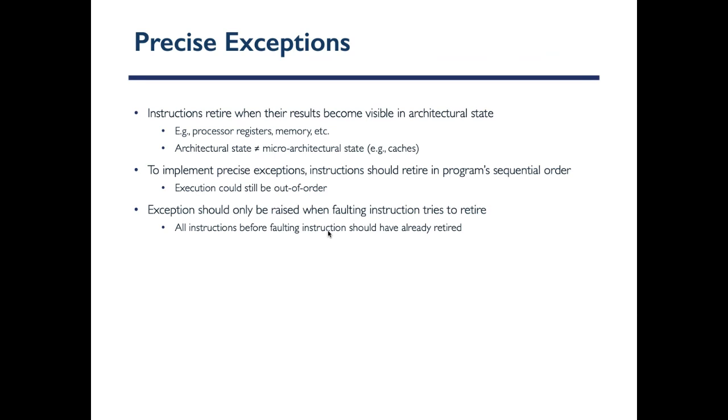When an exception happens, I want to make sure that all the instructions before the instruction that caused the exception have retired. If they haven't, I hold on to that exception until all those instructions retire, then I execute the exception.